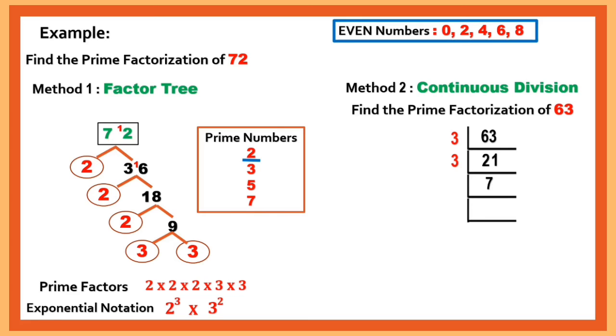So, anong prime number kaya ang pwedeng makapag-divide kay 7? Tama, 7. So, 7 divided by 7 is, correct, 1. Okay, now, dahil 1 na ang sagot, ibig sabihin, mag-stop na tayo. Kasi wala na namang prime number na pwede pang makapag-divide kay 1.